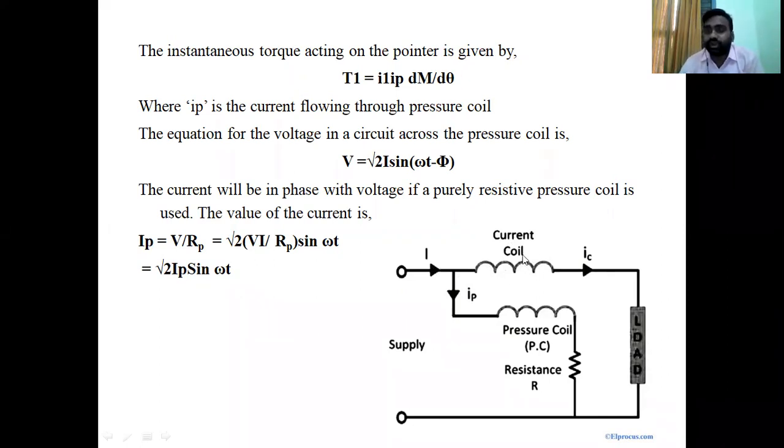One coil represents the current coil and the other coil represents the potential coil or moving coil. Current starts flowing here. The current flowing in the current coil is represented as I suffix C, and the current flowing in the pressure coil is represented as I suffix P. The series resistance is connected here, and its main purpose is to regulate I suffix P.